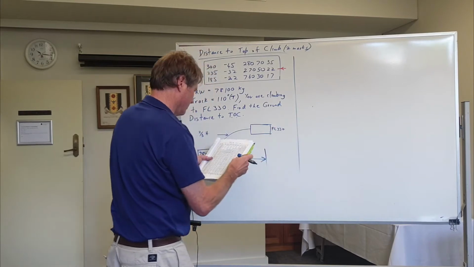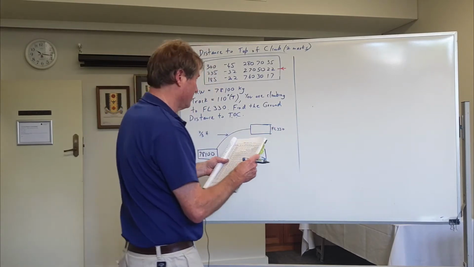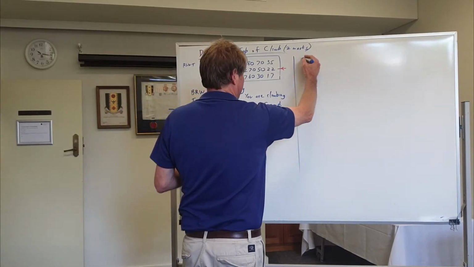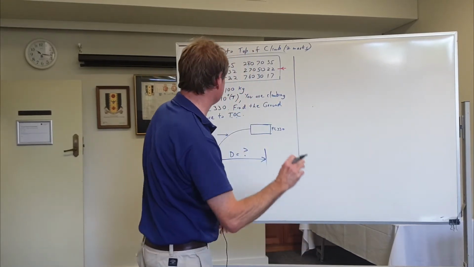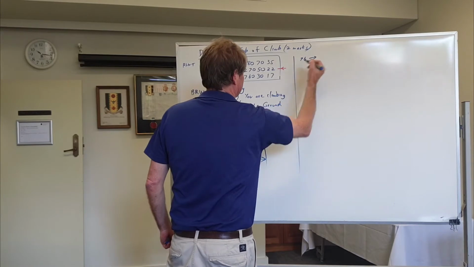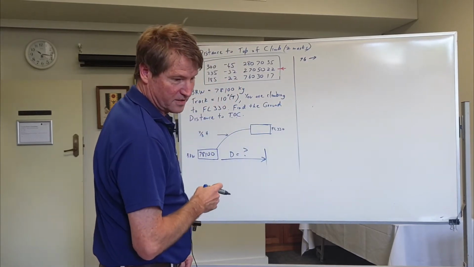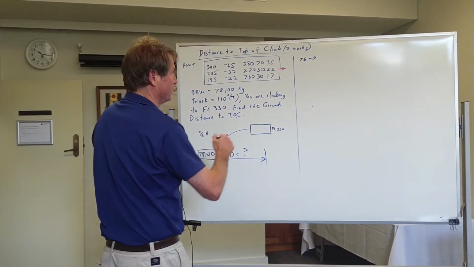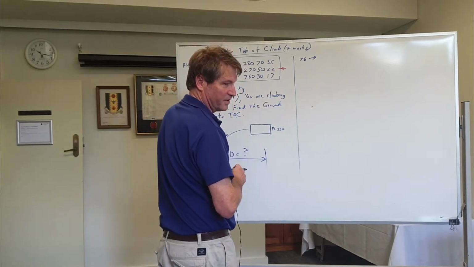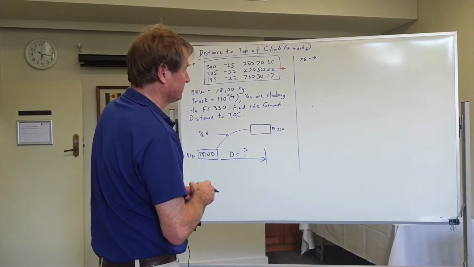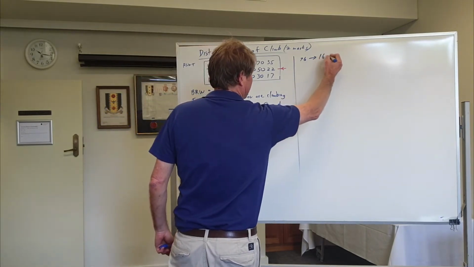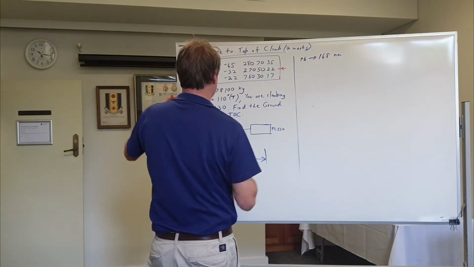So according to my chart here, 76 tonnes. Actually, you guys can probably give me that number. 76 tonnes. What's the distance to the top? 25. 25 miles or 25 minutes? Distance is 168. 168 nautical miles, and then obviously 80.